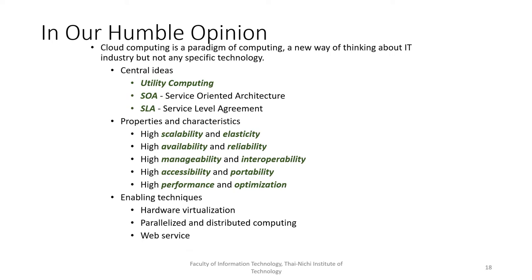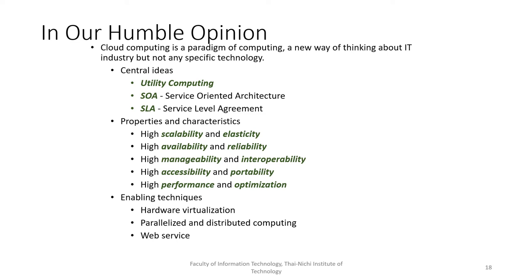Firstly we see about the central ideas. In the central ideas we have utility computing, SOA and SLA. SOA means service oriented architecture, which belongs to Web 2.0, and SLA is the service level agreement, that is the third component in cloud computing.